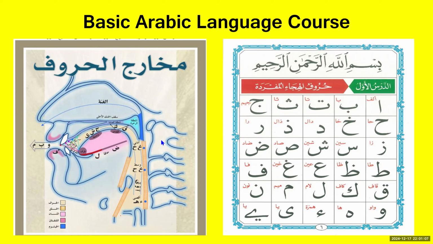Alif, ba, ta, sa, jim, ha, kha, dal, zal, ra, za. Excellent. Faizur Rahman. Alif, ba, ta, sa, jim, ha, kha, dal, zal, ra, za.